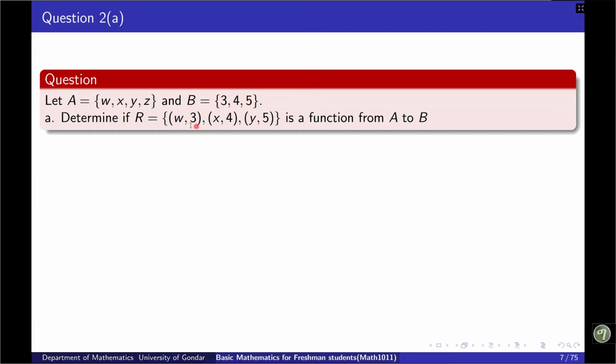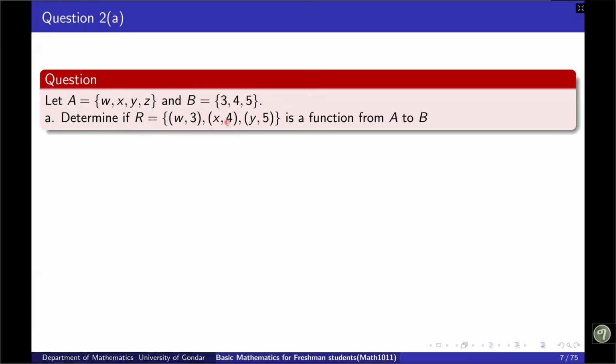There is no other image other than 3 for W. X has 4 and Y is mapped with 5. But we need to justify whether this is a function from set A into set B. For this relation R to be a function from A into B, the domain of this relation needs to be exactly the first set, that is set A.